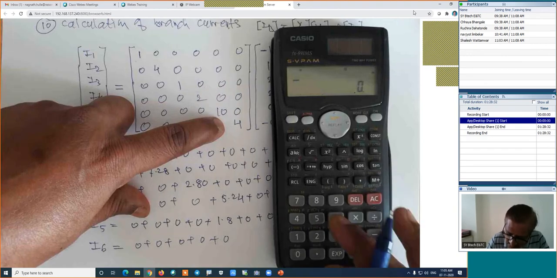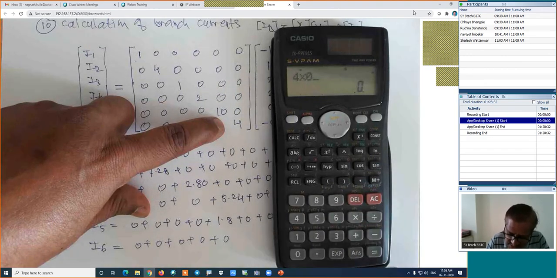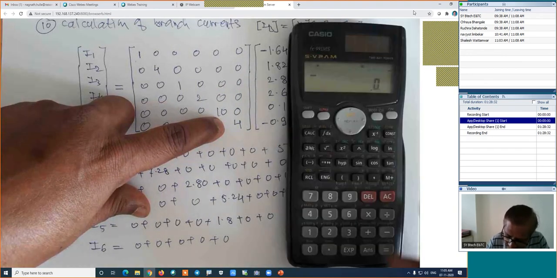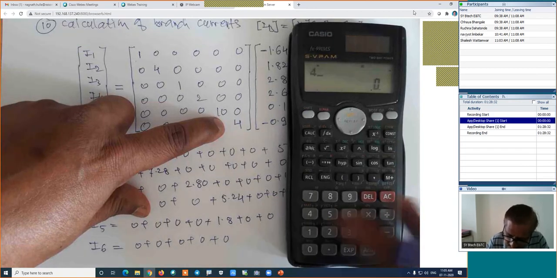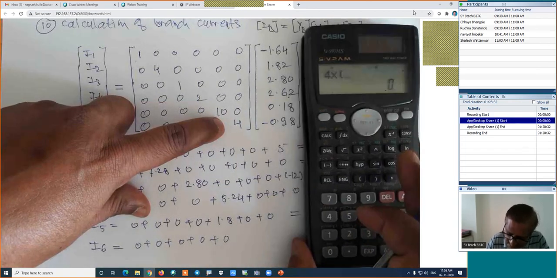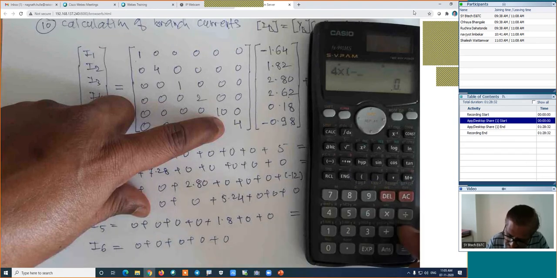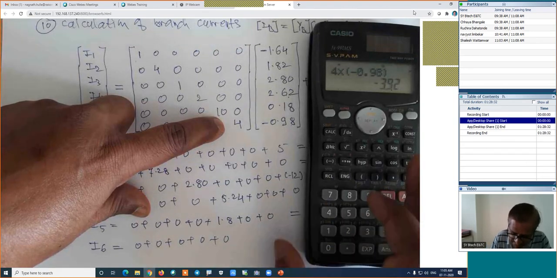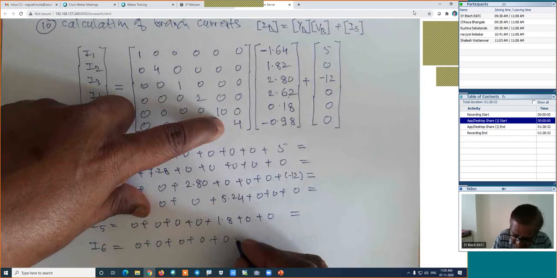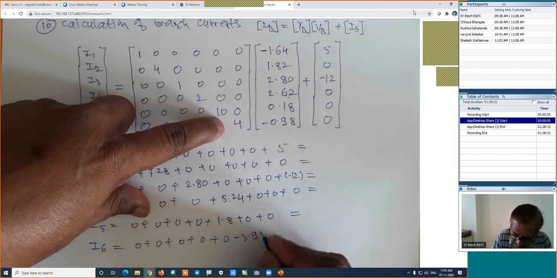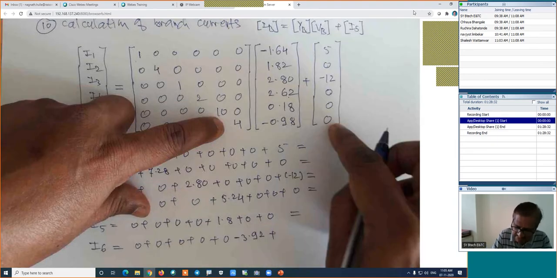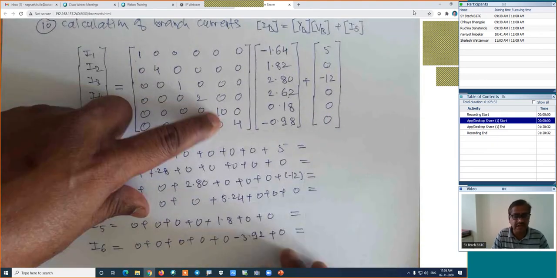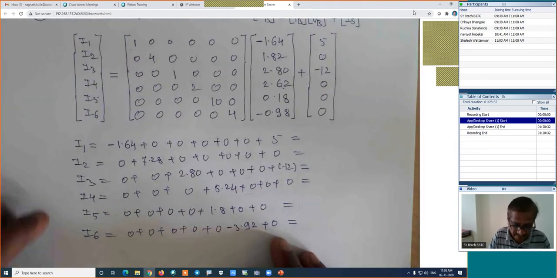This is 4 into minus 0.98, in bracket. This value is minus 3.92, plus this final value which is 0. This is equal to. I will work out these calculations.